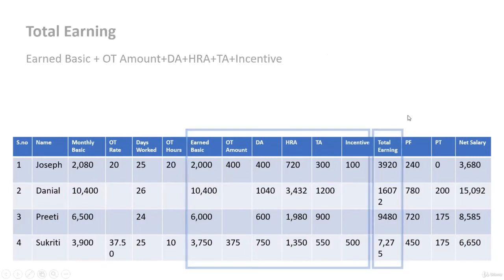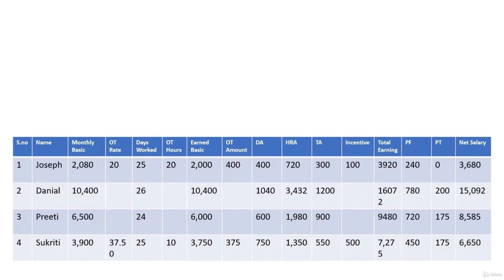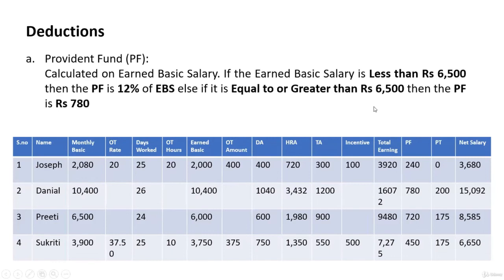Now, this is all about the earnings of employees, but after earnings, there are some deductions as well from the employee's salary. The first deduction that we discussed is provident fund. This is calculated on the basis of the earned basic salary.